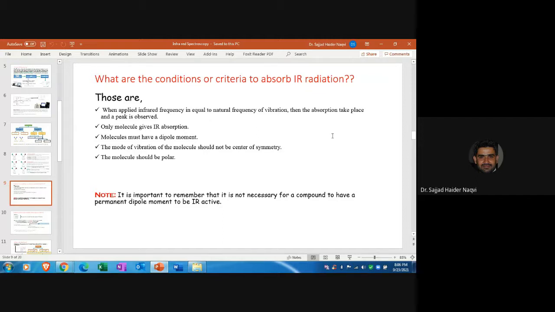If the compound is polar, that can give you a dipole moment. But in a normal state, if the compound is polar but symmetric, you will not see any dipole moment. So these are the things to be kept in mind: the compound must be a polar compound. It might have a zero dipole moment because of the symmetry, but it may have a dipole moment when we throw the IR light on it.